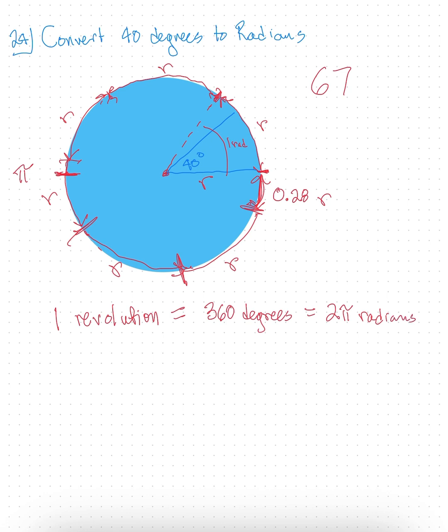So 2 pi radiuses go around the edge of the circle, so we have 2 pi radians if we're using that as the unit of measurement for how far we've gone around the circle angularly. So we now have that to work with.